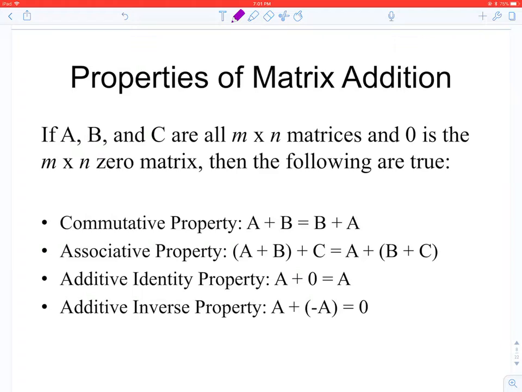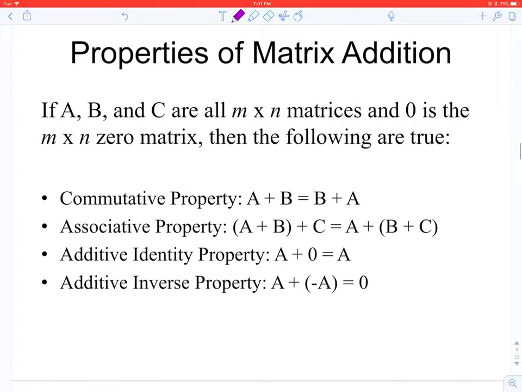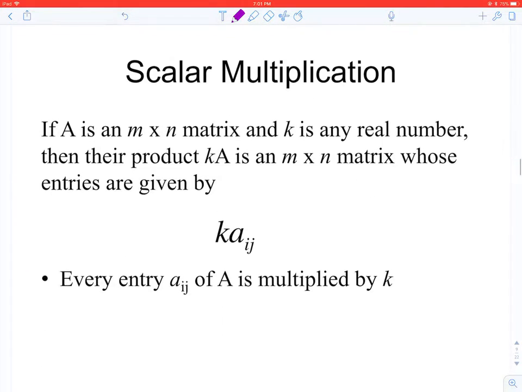So these are just some properties of matrix addition. Like the real numbers, matrix addition has a commutative property of addition, associative property of addition, and then additive identity property and additive inverse property.